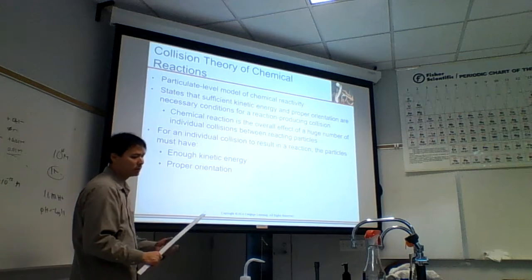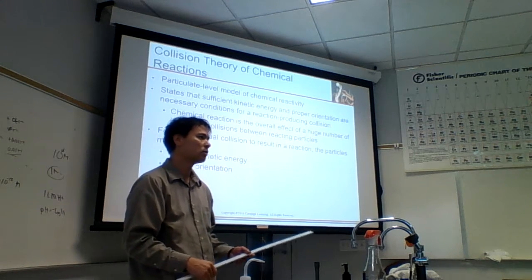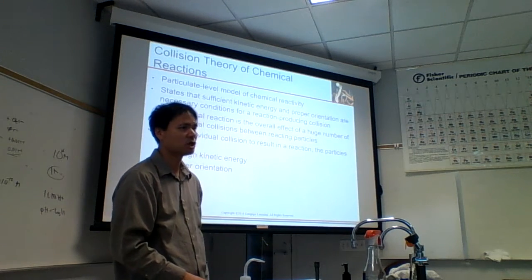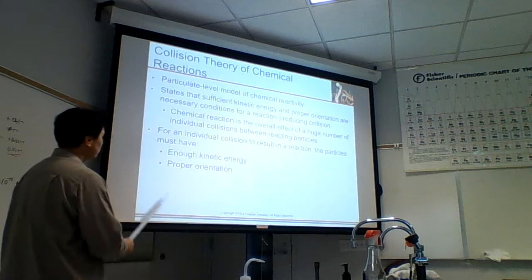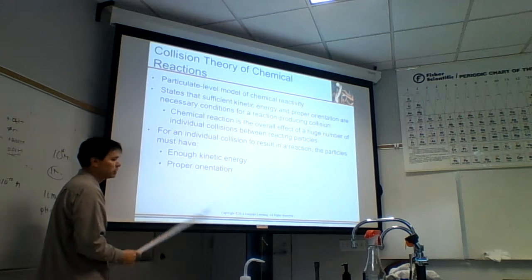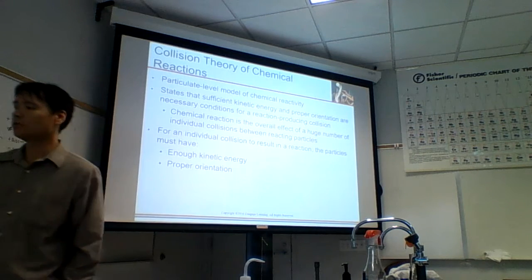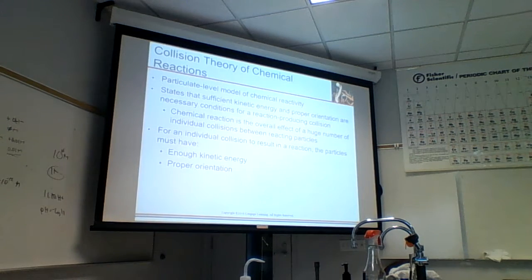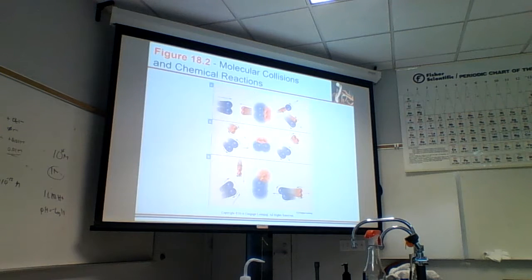Some things are easy to orient, like spherical things. Other things are hard to orient, depending on the shape. So to have a successful collision, we need kinetic energy and orientation. The same goes for water molecules: the oxygen has to hit the hydrogen, it has to be properly oriented, and it has to have enough kinetic energy.